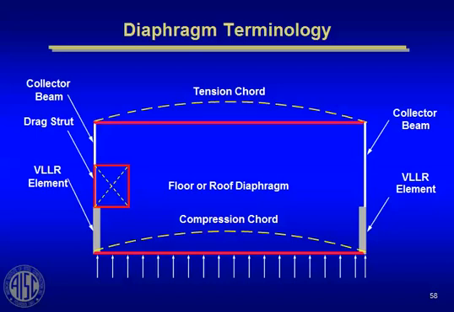Then, of course, you have the chords of the diaphragm, either the tension chord or the compression chord, which are taking the chord forces, if you will, of the diaphragm. And then you have the field of the diaphragm itself, which is carrying all the shear, whether it's a concrete diaphragm or a metal deck diaphragm. All the shear from that lateral load you see at the bottom of the screen is carried by the field of the diaphragm in shear.